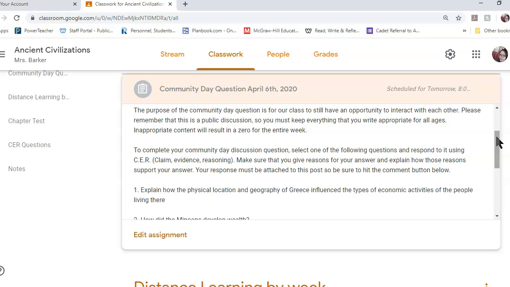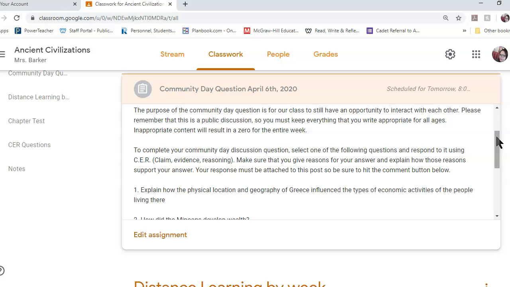Please remember that this is a public discussion, so you must keep everything that you write appropriate for all ages. Inappropriate content will result in a 0 for the entire week. To complete your Community Day discussion question, select one of the following questions and respond to it using CER: Claim, Evidence, Reasoning. Make sure that you give reasons for your answer and explain how those reasons support your answer. Your response must be attached to this post, so be sure to hit the comment button below.